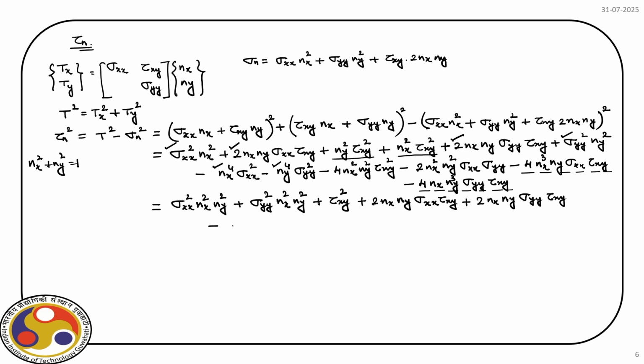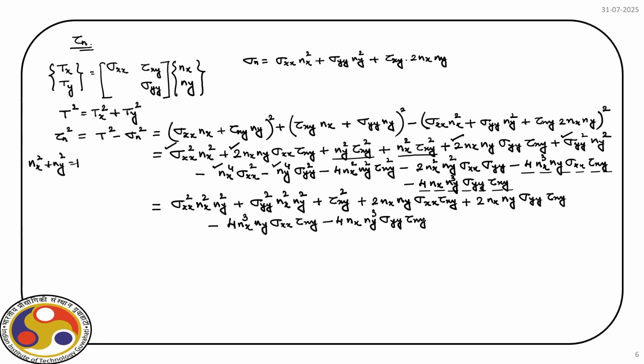So, minus we have 4 nx cube ny, and then we have sigma xx tau xy, then minus 4 we have nx ny cube, and then sigma yy tau xy, right.